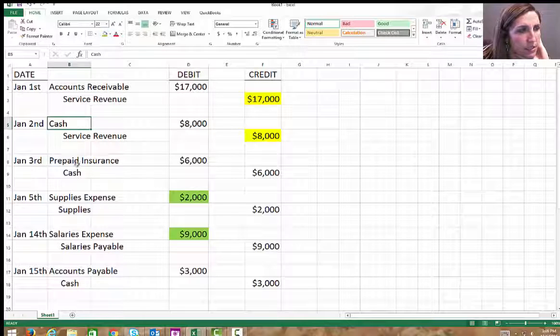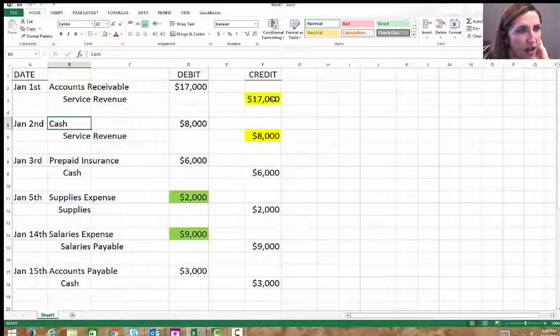The third transaction, they purchased some prepaid insurance. On January 5th, fourth transaction, they used some supplies. January 14th, they recorded salaries expense incurred but not paid yet. And then on the 15th, they paid off part of their bill, part of what they owed from last month, from last year. So all of these are the January transactions.